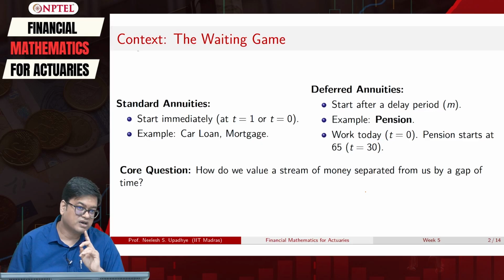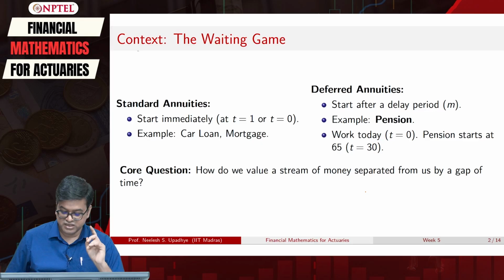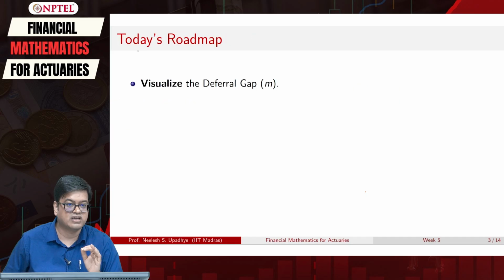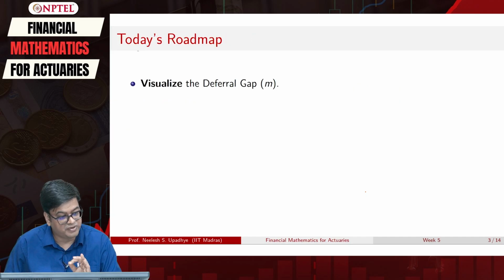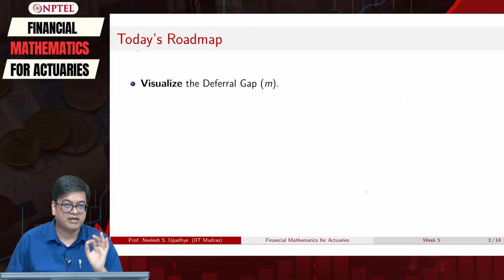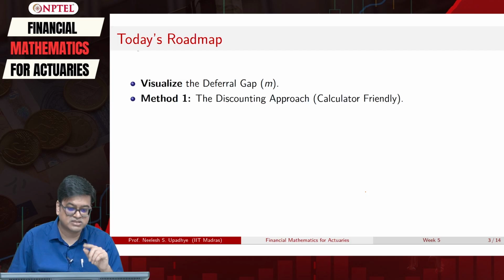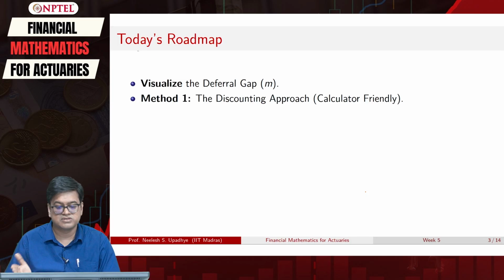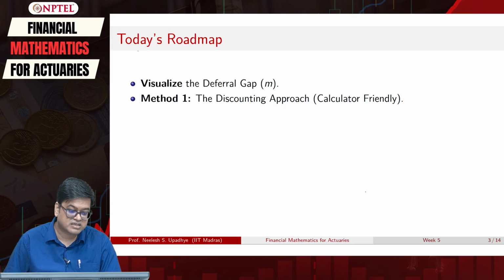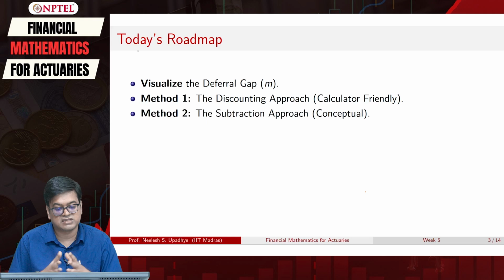In order to understand this, we need to visualize the deferral gap M. What is happening in that deferral gap M? Once we understand this, we will deploy method 1, the discounting approach, which will be calculator friendly, and the other method, the subtraction approach, which is the conceptual approach.